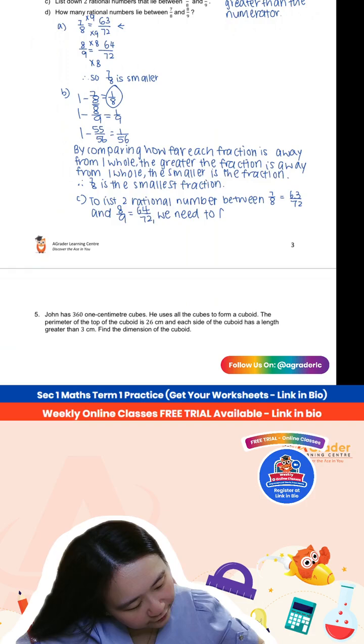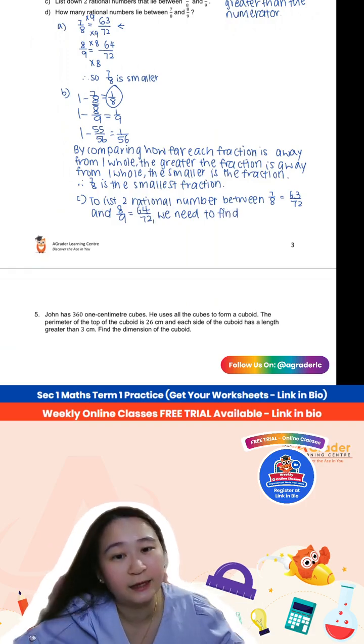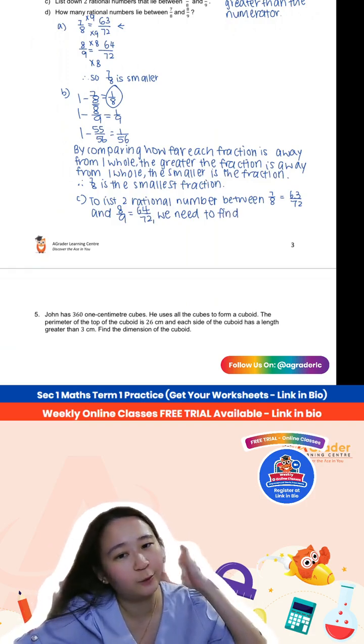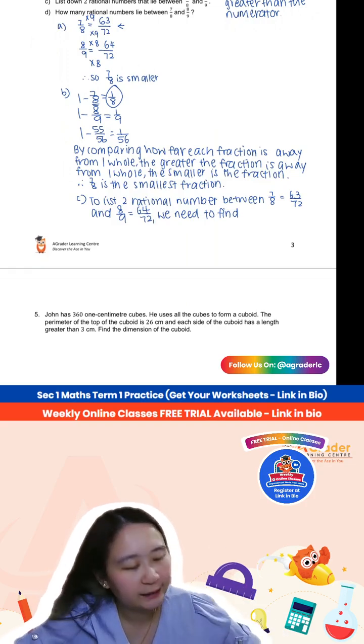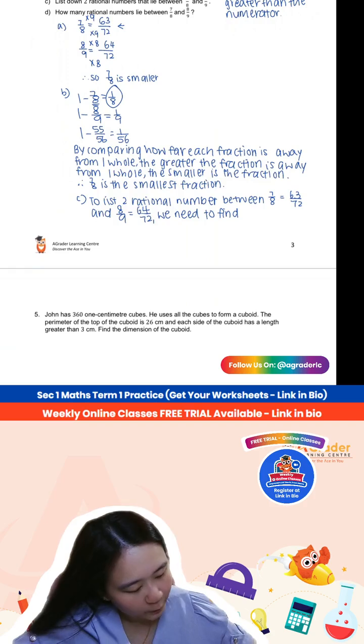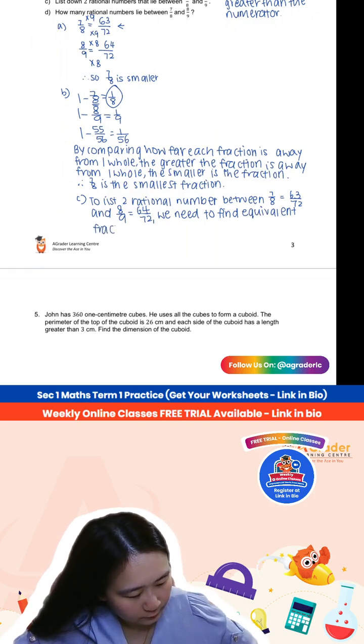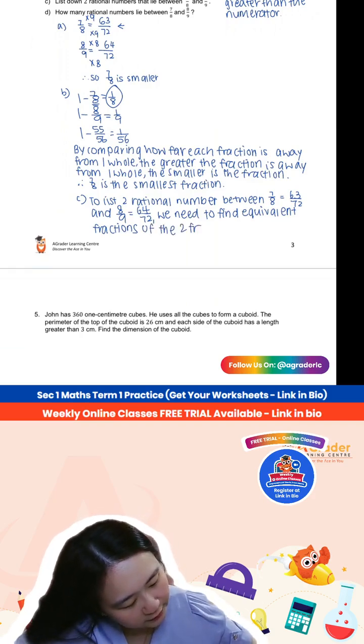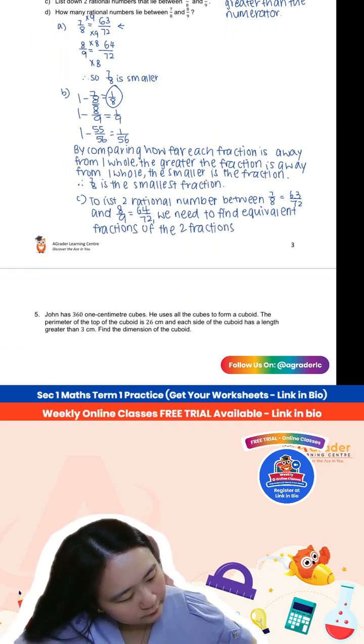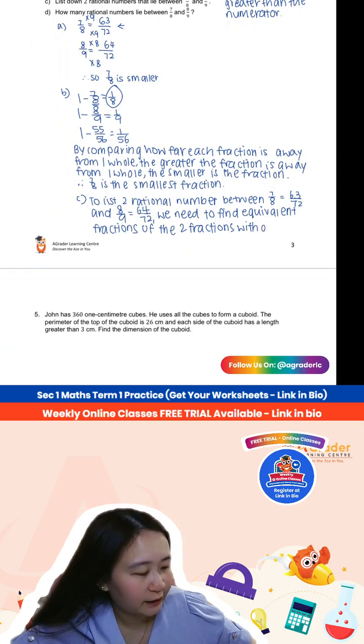You can see that we can't have any fraction in between if we are using the denominator of 72. So we need to find equivalent fractions of the two fractions with greater denominator.